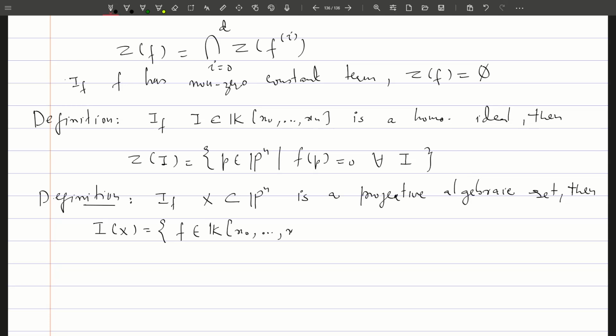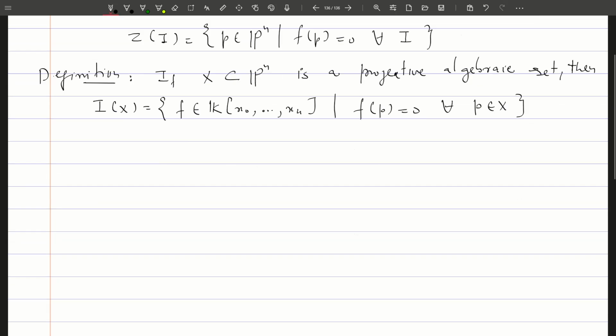We are saying just the set of polynomials in the polynomial ring such that f of this little p is 0 for all p in X. So if we change what we mean by the zero set by saying it should be the zero set for all representatives, then we can use the same definitions as in the affine case.